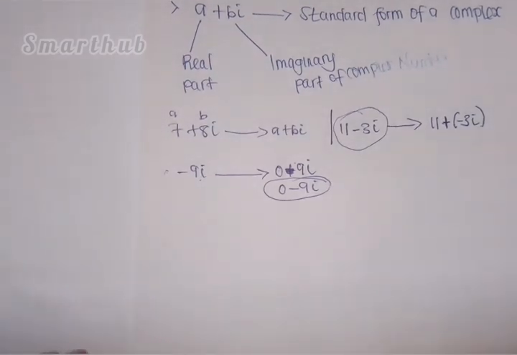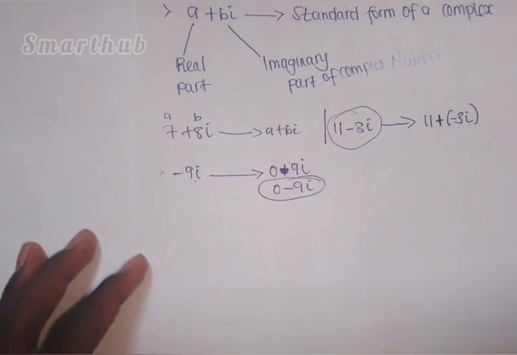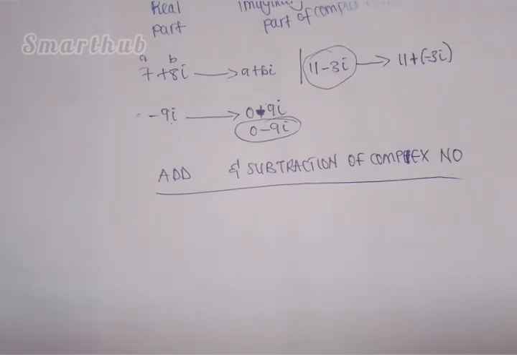So let's now talk about addition and subtraction of complex numbers. How do we add and subtract complex numbers? Let me give an example so that you understand.